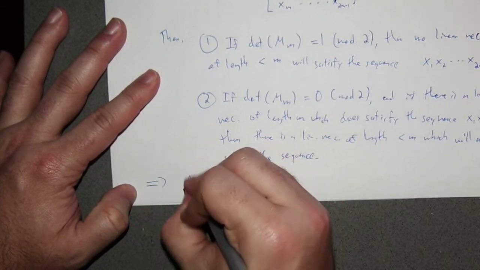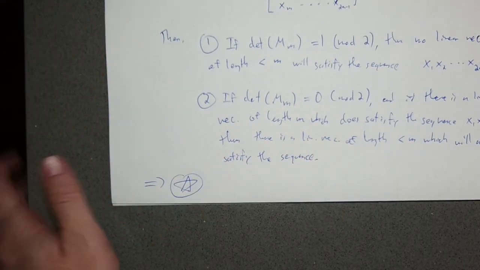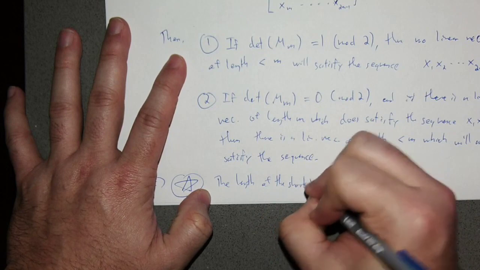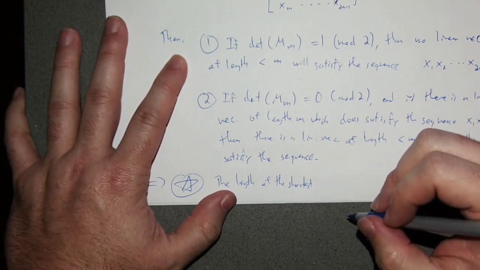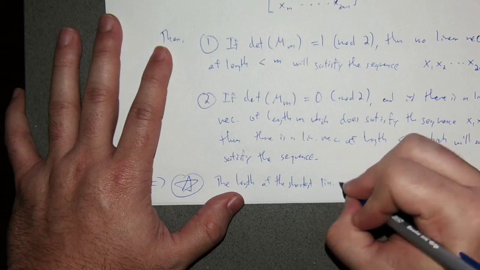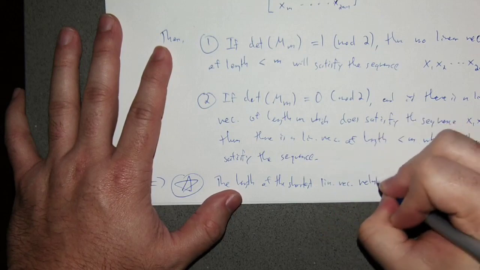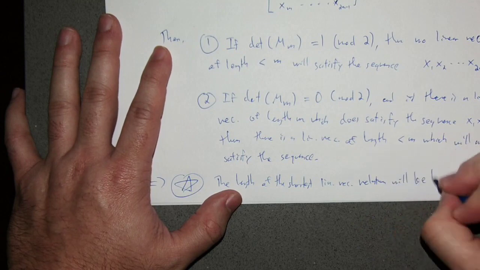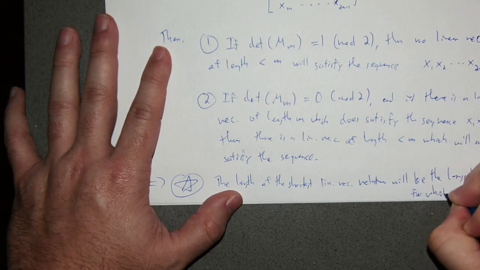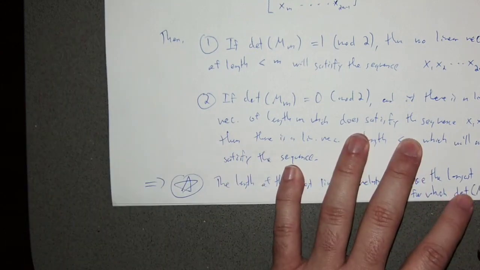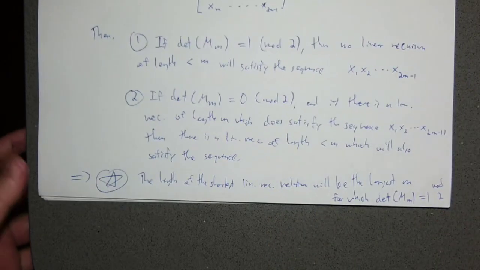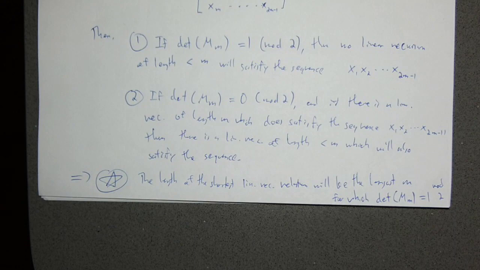So what this means, star fact: the length of the shortest linear recursion relation will be the largest m for which the determinant of that matrix, big M, is equal to 1 mod 2. This is the most important bit.